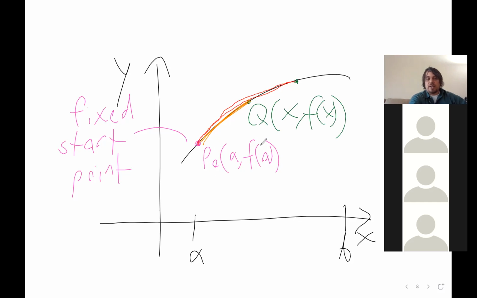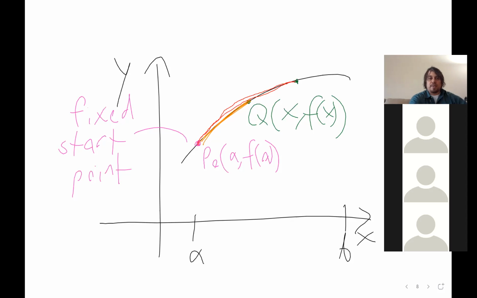If I chose this x, then Q would be the point with that x value as its x coordinate, and its y coordinate being the corresponding height of the curve at that x value. If I chose this point instead, it would have this x value, and the y value would be the height of the graph at that x value. Initial point P naught, the point you choose on the curve, Q, x comma f of x in green.